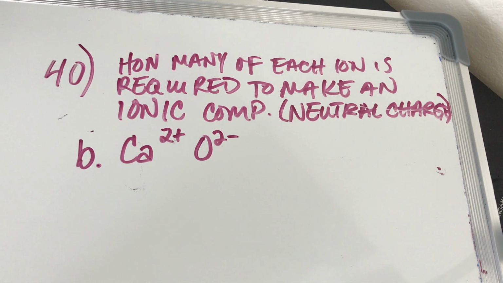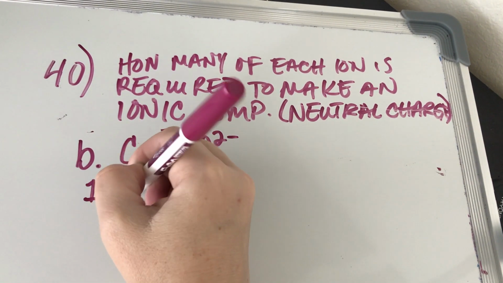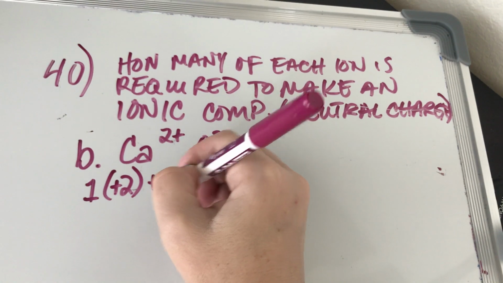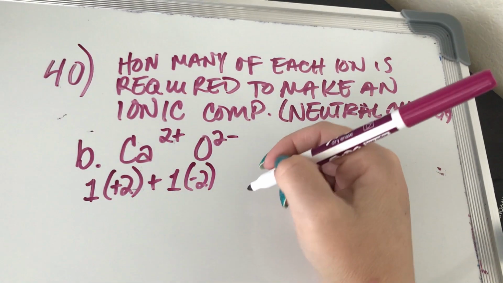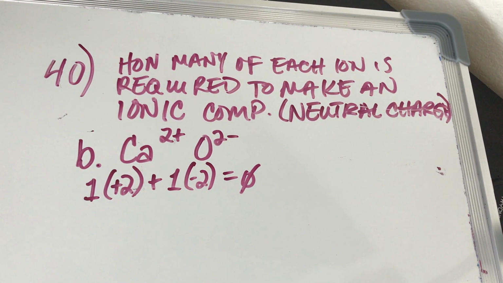So how many of each do we need to make a neutral compound? One of each. Is everybody comfortable with that? So if I have 1 calcium and 1 oxide, that'll give me a net charge of 0.